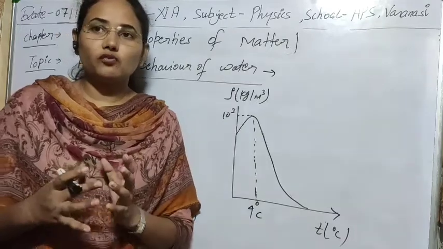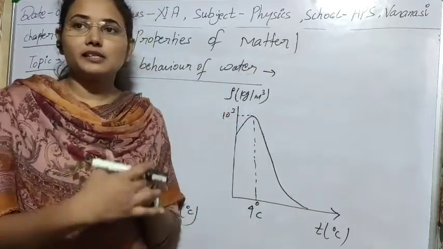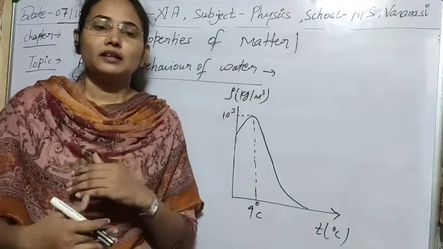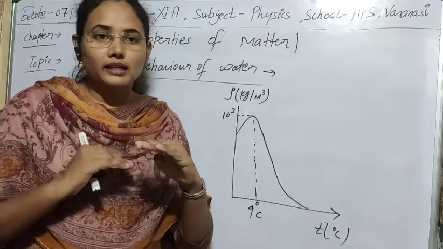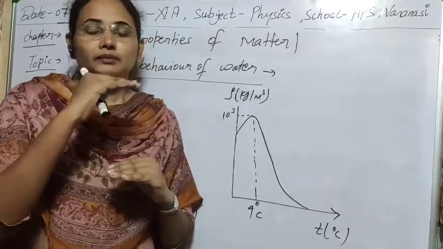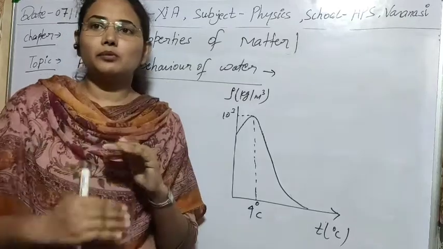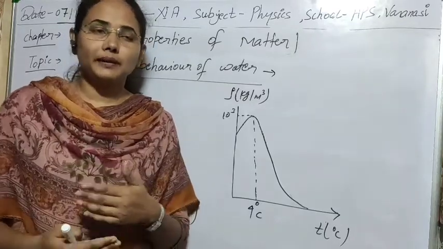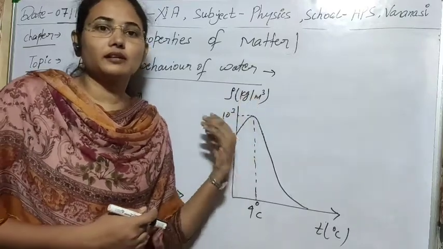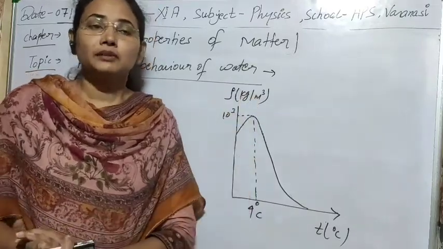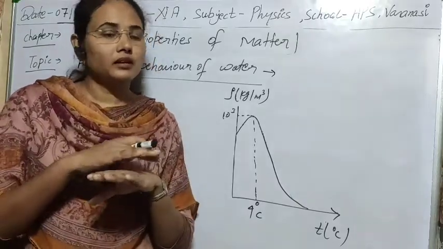The more dense water comes down, and the less dense water rises up. Suppose the temperature of the surroundings falls to 0 degrees Celsius, or below 4 degrees, then it freezes on the surface of the lake.